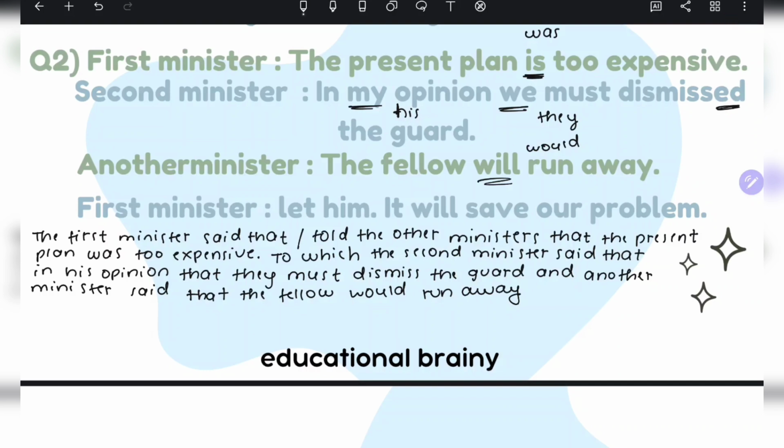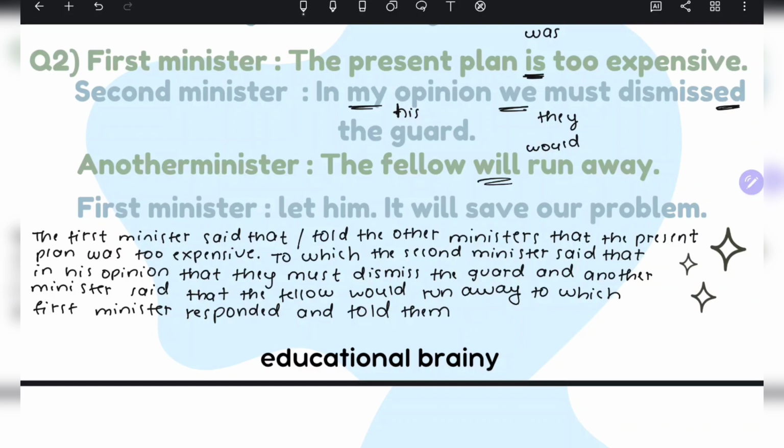Again, use this: to which the first minister responded. You can change it here just to impress the teacher: responded and told. First he responded, and told them. He's telling them, because so many ministers are there.